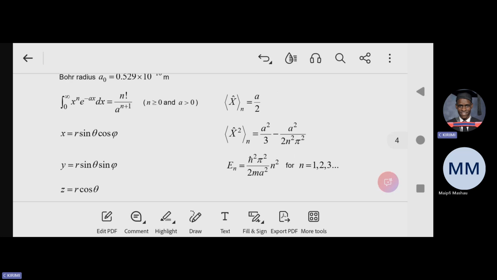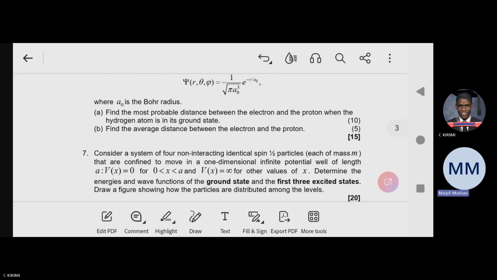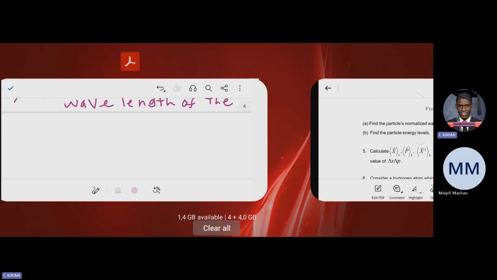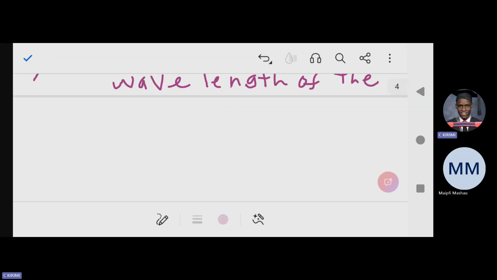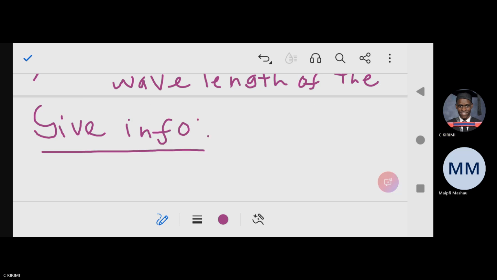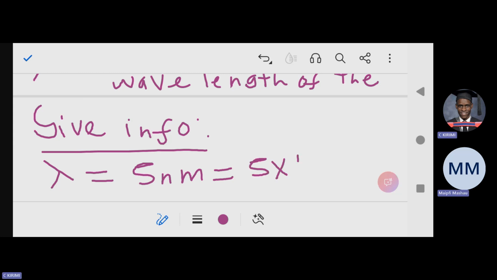So the next step is substituting. What are you given? The given information: lambda is equal to 5 nanometers, which you convert to meters, 5 times 10 to the power of negative 9.